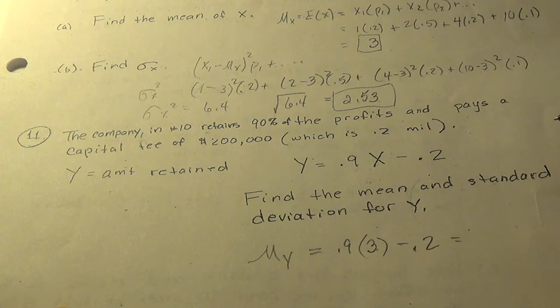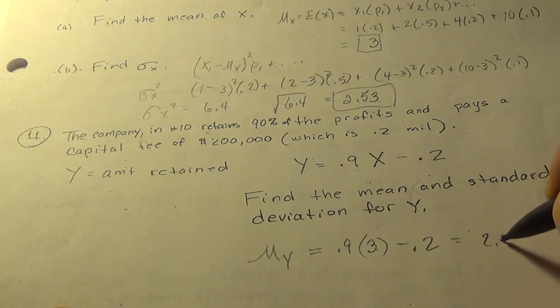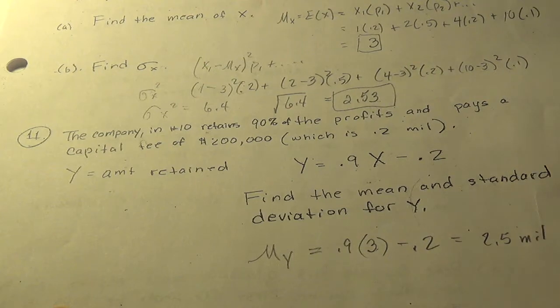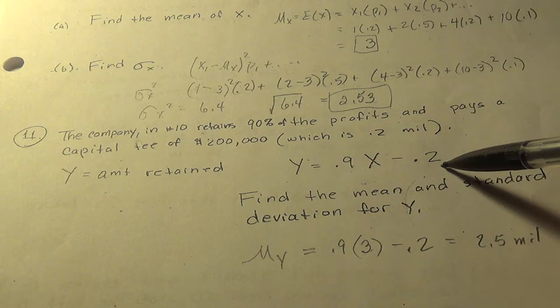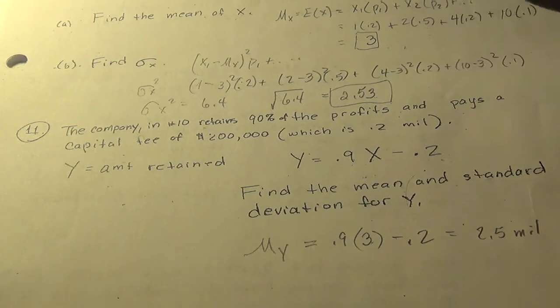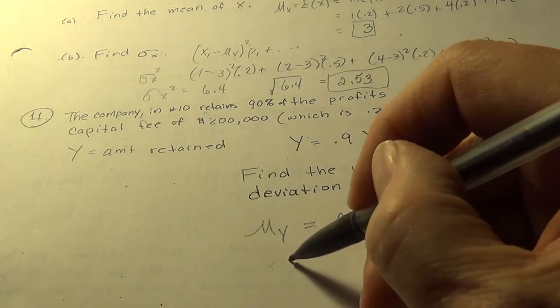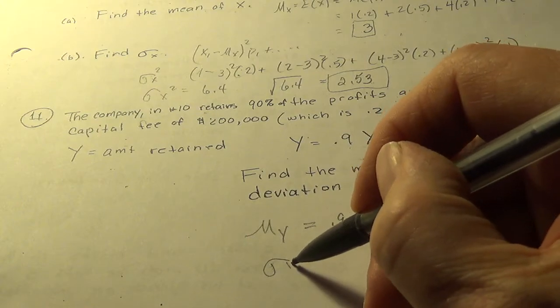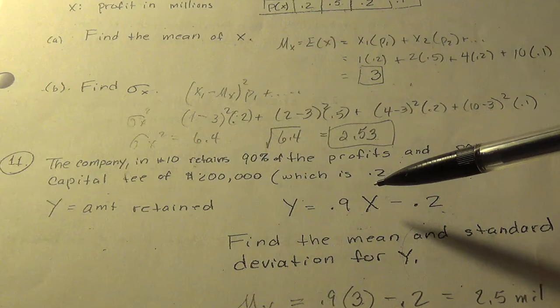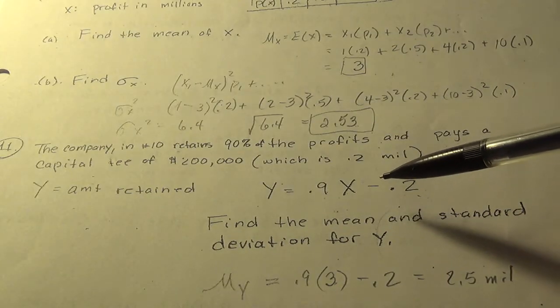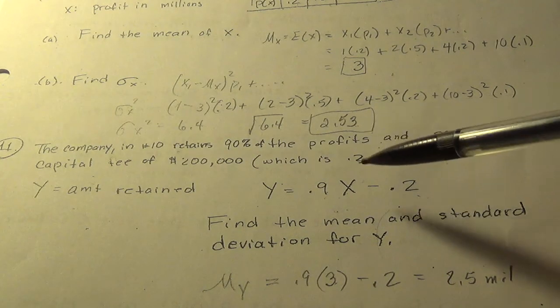And when I multiply that together, I get 2.5 mil for the expected mean of this random variable, which is a linear combination involving this random variable. Standard deviation of the linear combination we learned, and it also correlated to what we learned earlier in chapter 3 or 2.